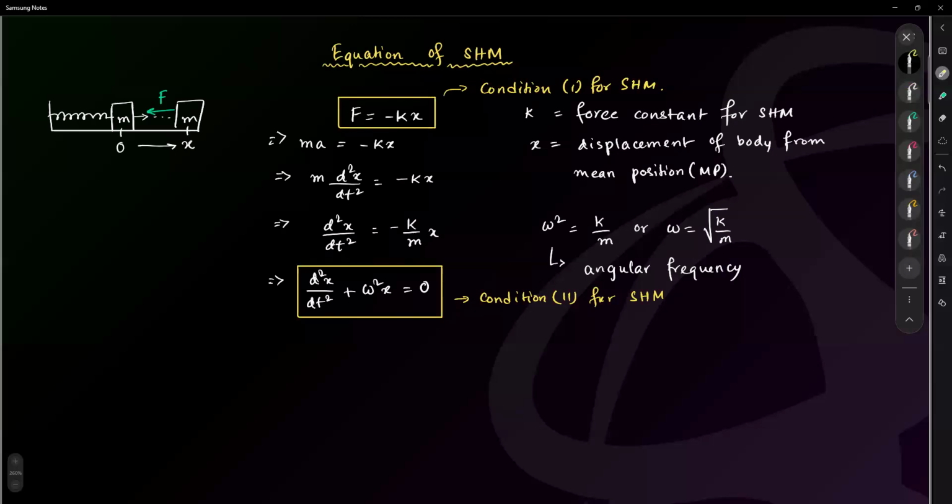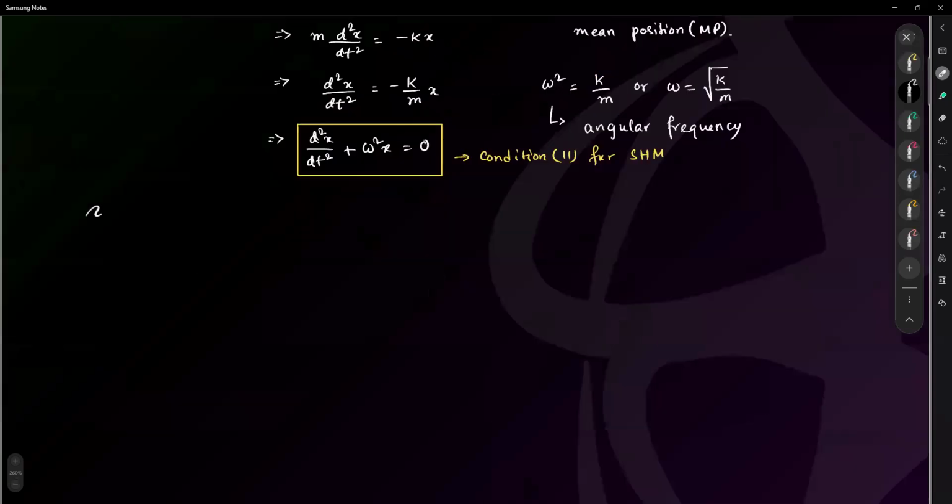Now, in H.C. Verma chapter Simple Harmonic Motion, objective number 1, question 1, there is a certain question that I would like to quote. The question says, it is from HCV, objective 1, question 1.